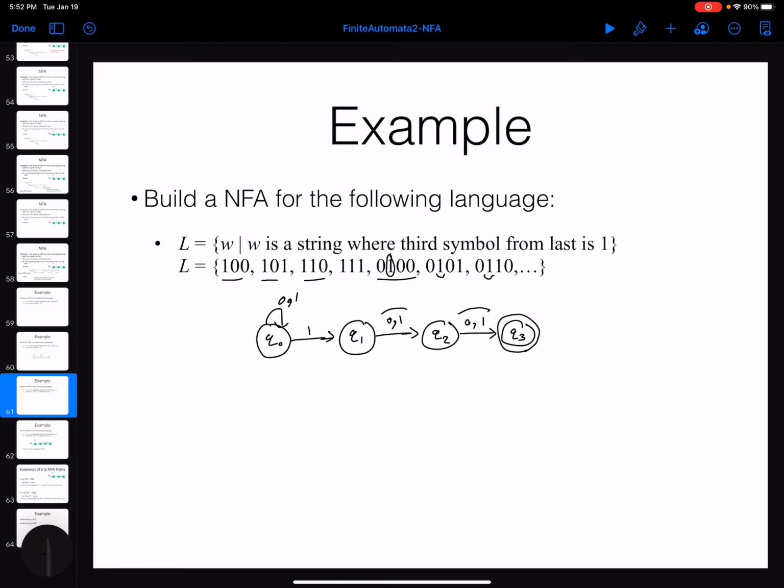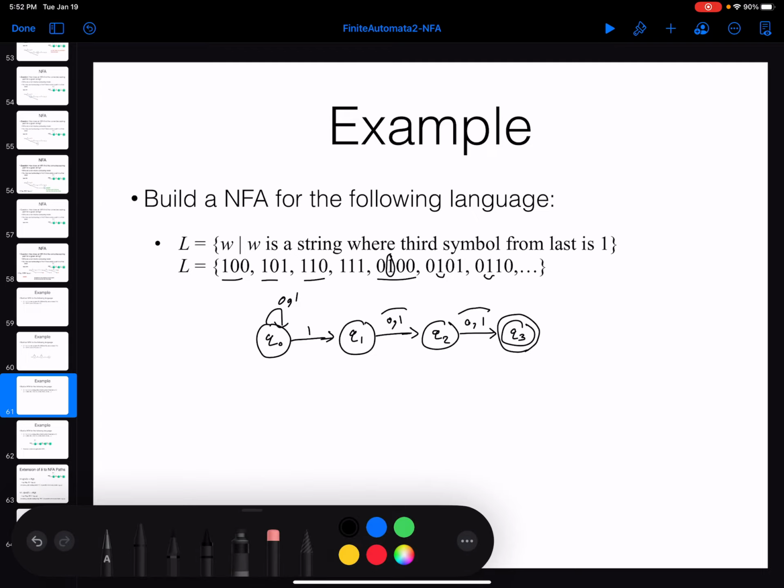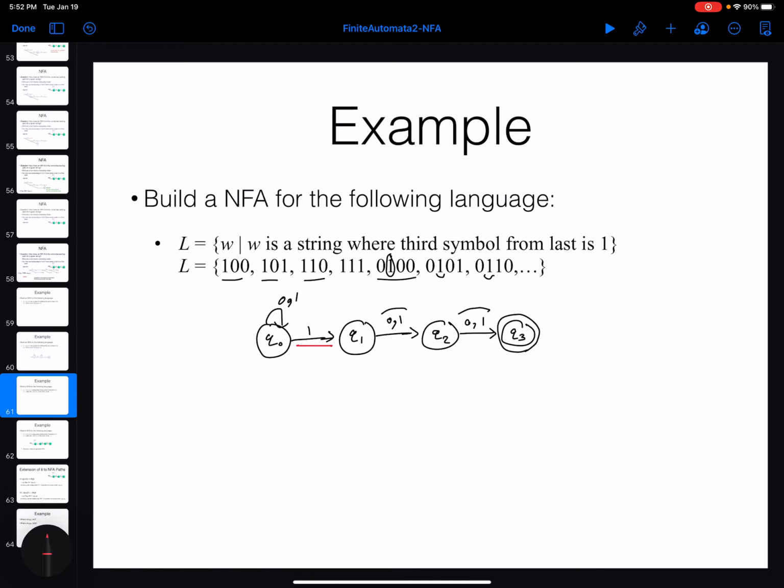I don't actually care, both of them will end up in Q3. The only thing that matters is that this transition, which is going to be the third one from the end, is going to be 1. So this is a pattern to design an NFA for this type of languages.